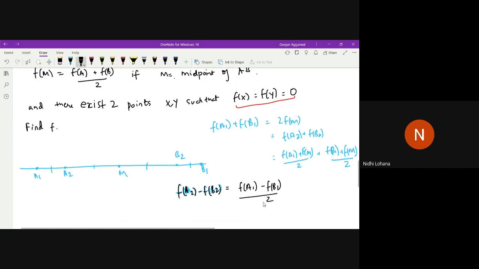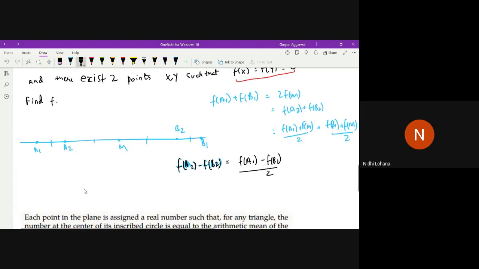And then I got f of A1 plus 3 f of B1 is equal to 0.